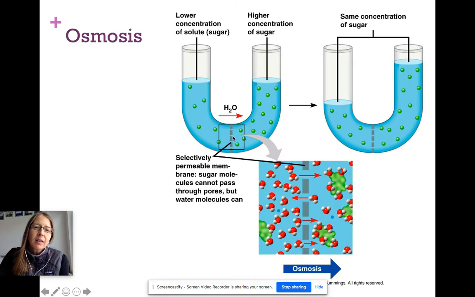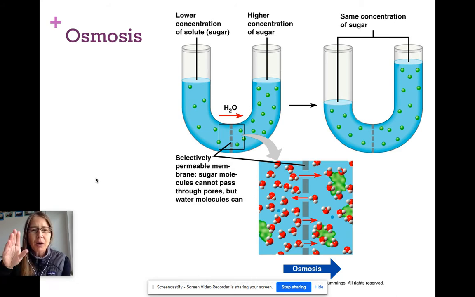All right, so let's look at osmosis. Osmosis is defined as the movement of water across a semi-permeable membrane, okay? And it diffuses through that membrane mostly through facilitated diffusion. But actually, there are some cases where, if the phospholipids have a big enough kink in them, some particles of water can go directly through the phospholipid bilayer.